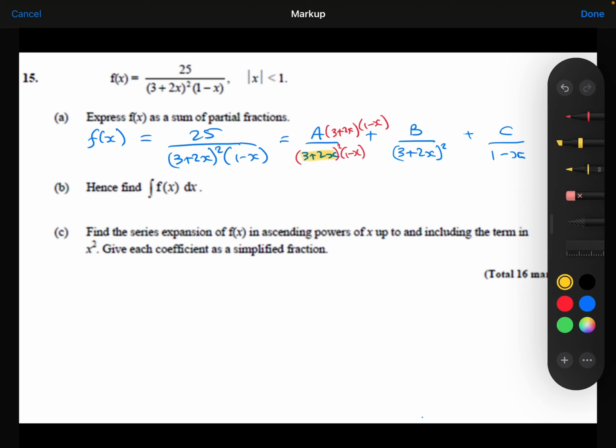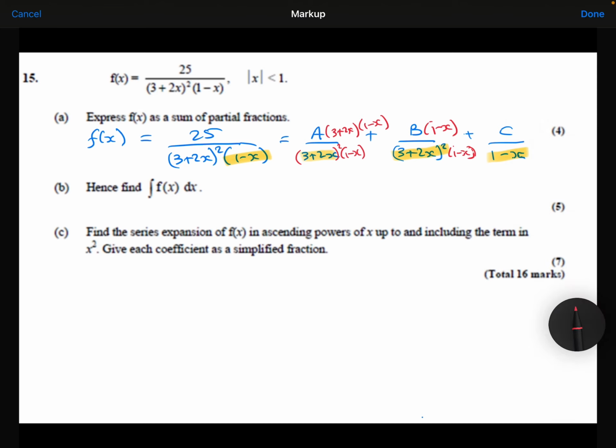Next fraction, the b term, we've already got the (3 plus 2x) squared, so all we need to multiply here is 1 minus x. And then the third fraction, the c fraction, we've got the 1 minus x, so we need the (3 plus 2x) squared.